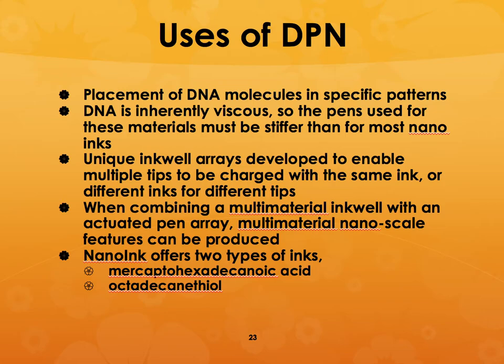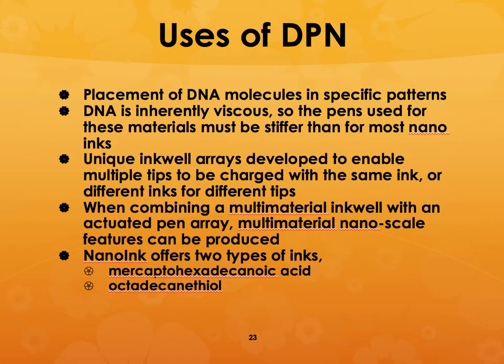It can be used, for example, for writing or placing down DNA molecules. It is to be noted that these pens and these materials must be stiffer than for most nano inks, because the DNA is inherently very viscous.